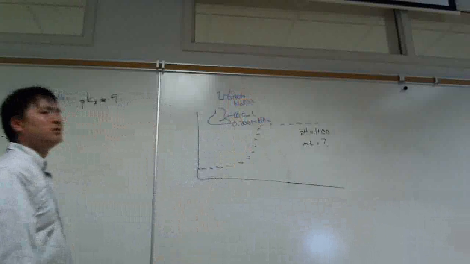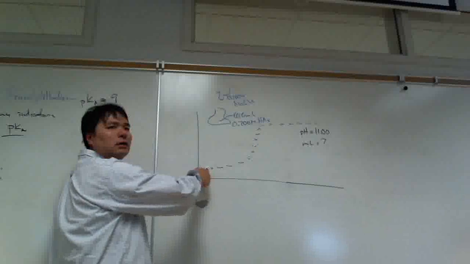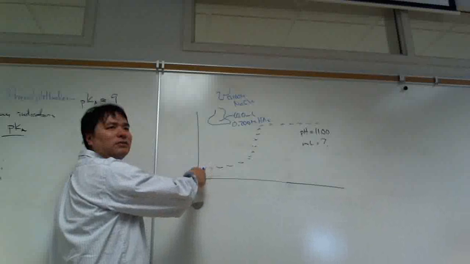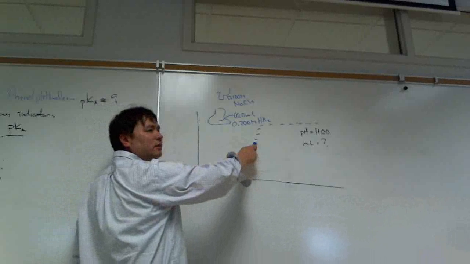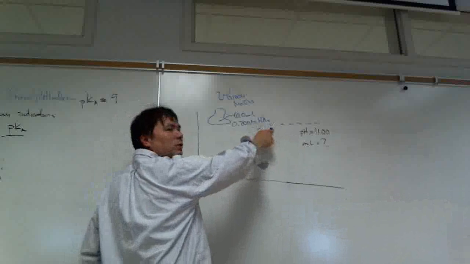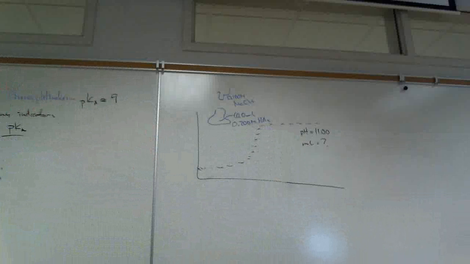Now pH 11, is this going to be in the buffer region here? Is pH 11 in the buffer region? No. Is pH 11 at the equivalence point? No, pH 11 is beyond the equivalence point here. And so how would I figure out how many mLs it will take to get to pH 11?